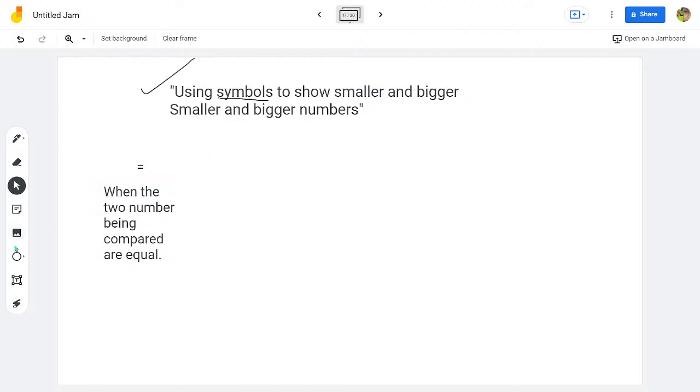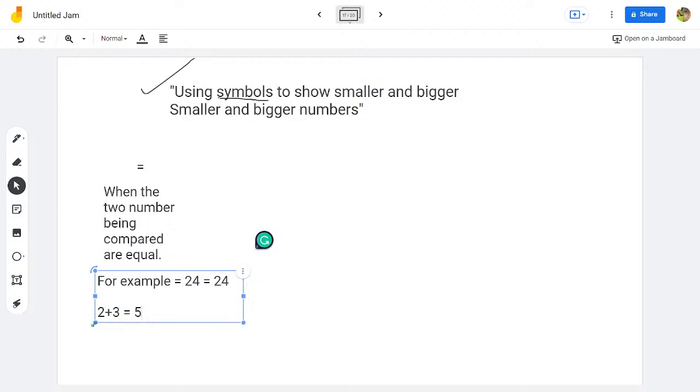For example, let's say 24 is equal to 24, or we can take another example. 2 plus 3 is equal to 5.